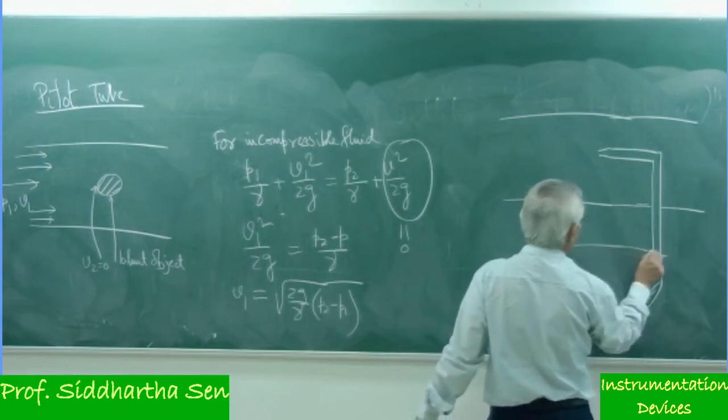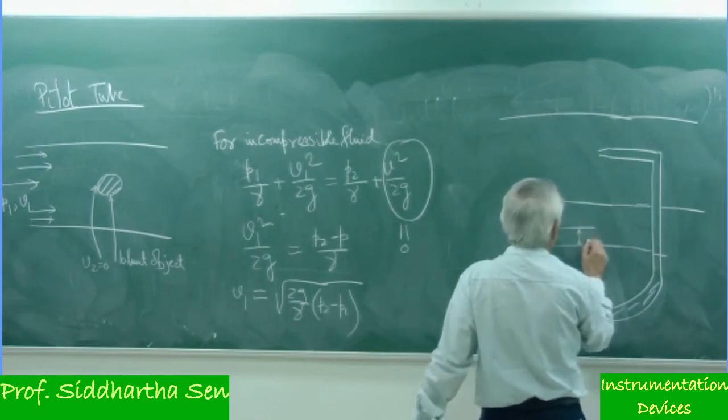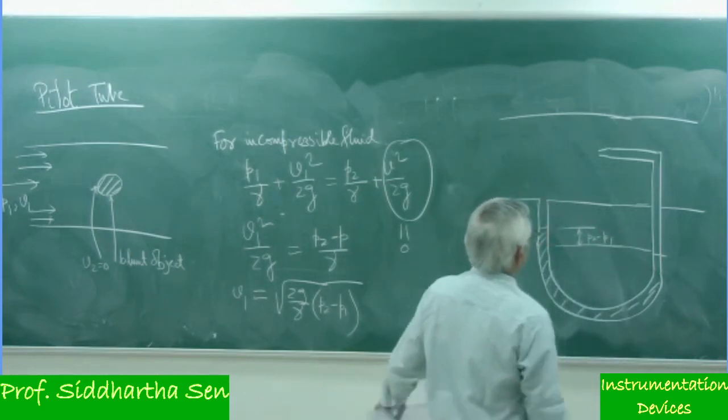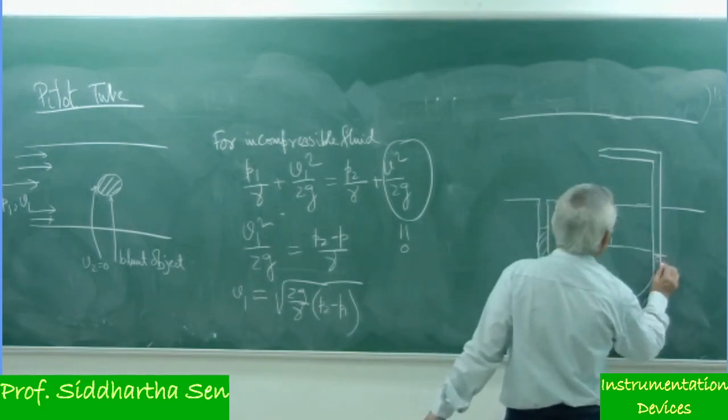So the height will be given by P2 minus P1, and this is some liquid there.